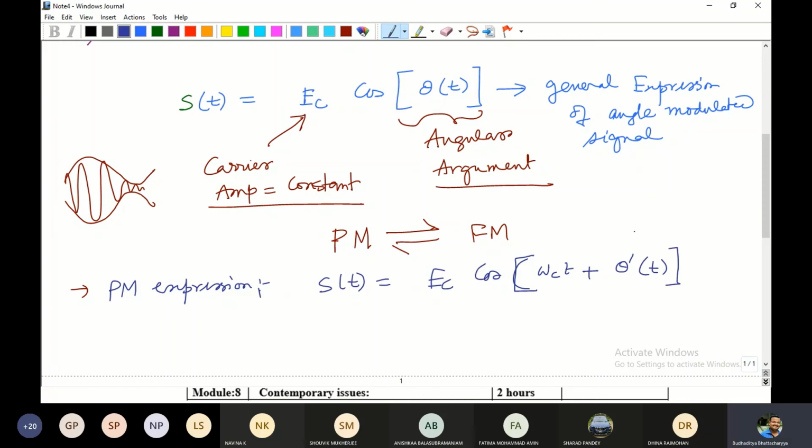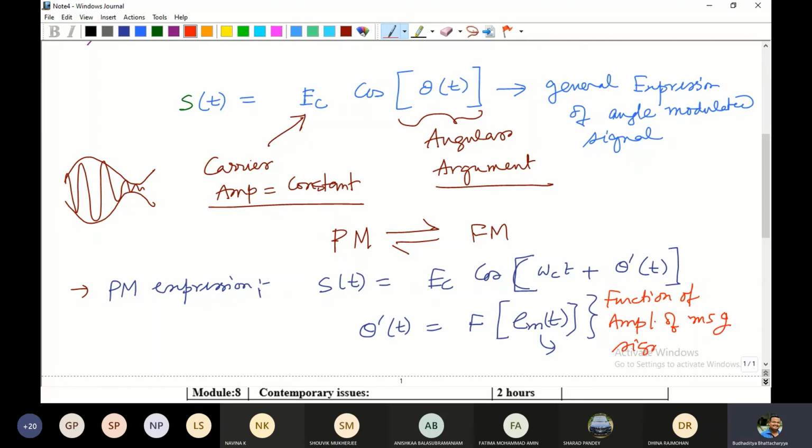Now this theta prime(t) that you are looking at is basically a function of em(t). What is em(t)? This means it is a function of the amplitude of the message signal or the baseband signal. So basically based on the message signal or the baseband signal, the phase of the carrier is actually changing.